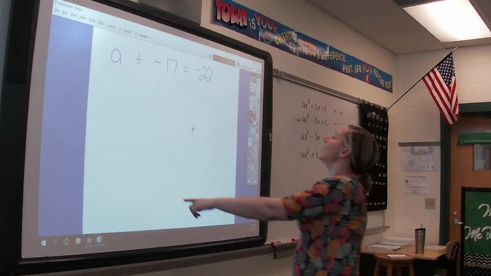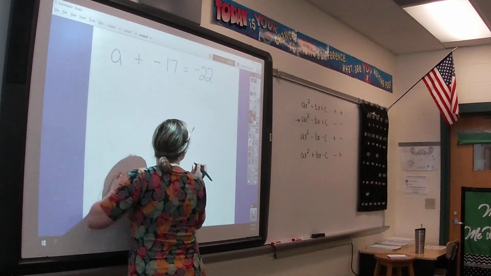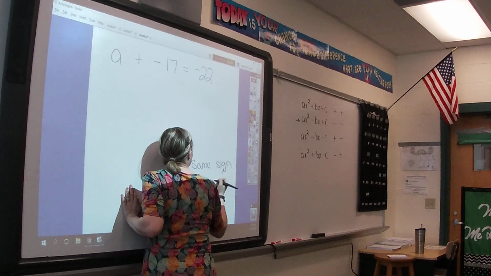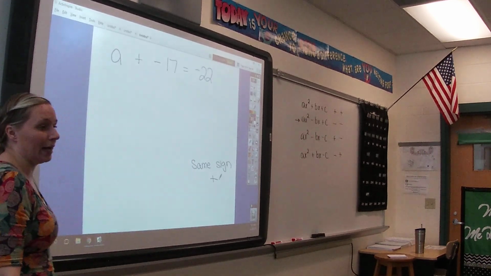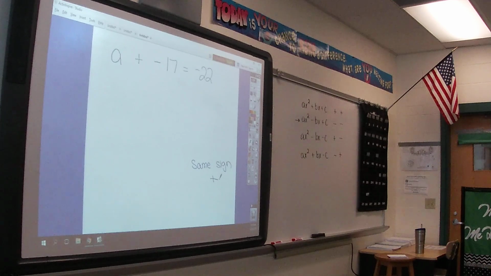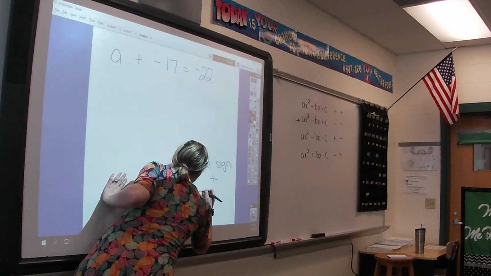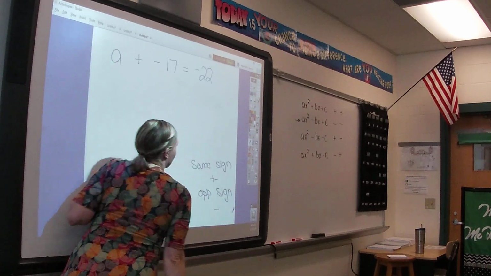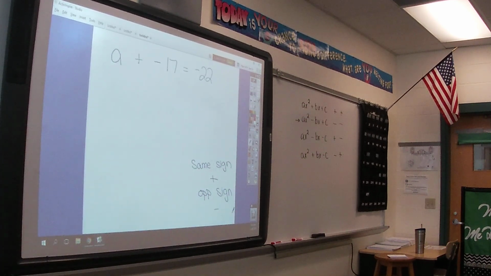Here's your rule. If the two signs are the same sign, it's going to turn into one addition sign. If the two signs are opposite signs, it's going to turn into one subtraction sign.